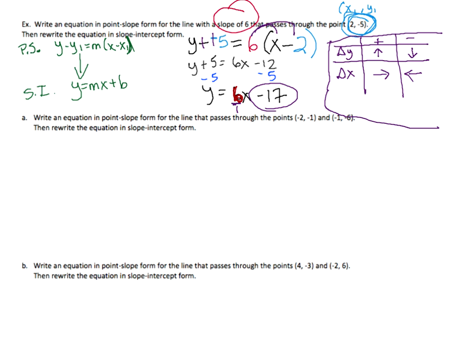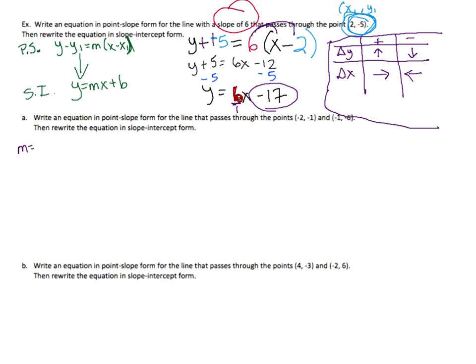So I have to have the slope to write it in point-slope form. So I need to take the 2 points, find the slope first, and then I use that slope I found in either of my 2 given points to go from point-slope form to slope-intercept form. So that's what I'm going to do.